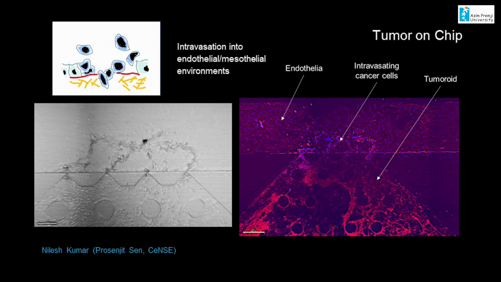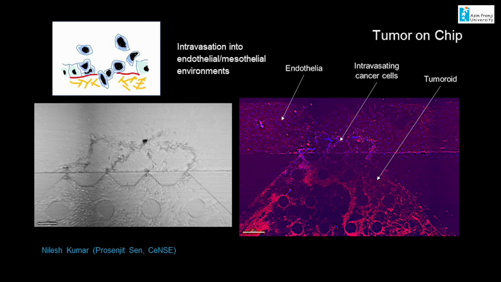In the next slide, what we are showing here is certain model systems that we have developed in our laboratory, which are called organ on chips. These essentially reproduce aspects of anatomy of individuals, but again in a miniaturized version, and combine this with flows using microfluidics. So what we have here is a blood vessel-like structure which has been connected with a cancer-like structure, and this allows us to now understand how cancer cells spread out of the cancer, break that pattern that we discussed, and move into blood vessels.